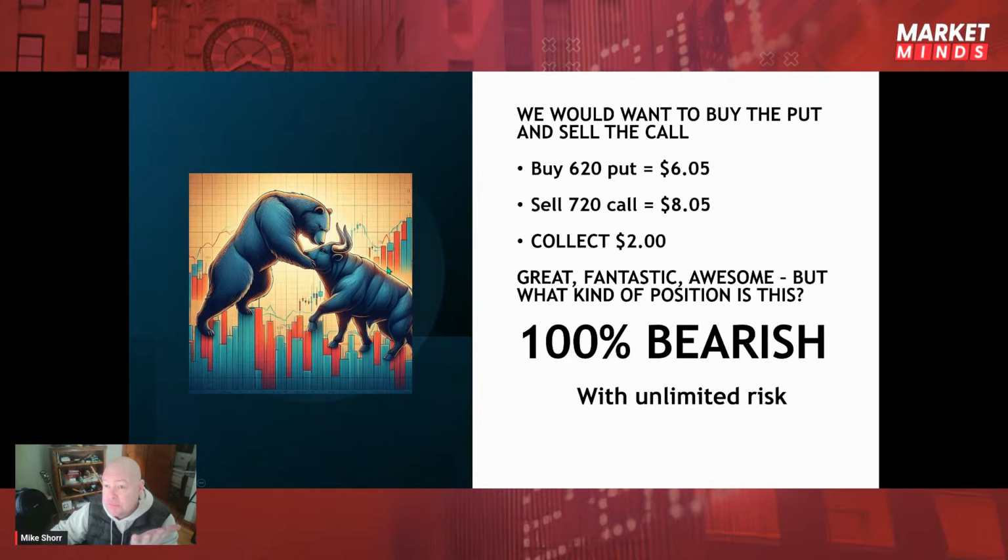Okay, so if we want to buy the put because we're seeing that's a lower implied volatility, if we buy the put at 605 and we sell the 720 call, each of these are $50 out of the money, we would collect $2. That sounds like a good deal.